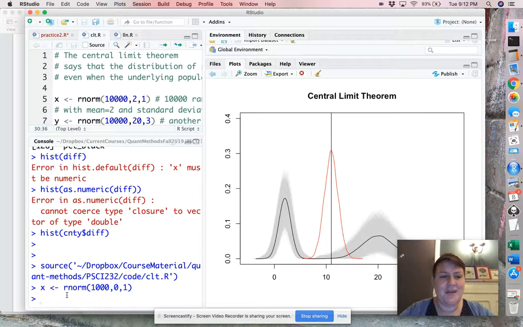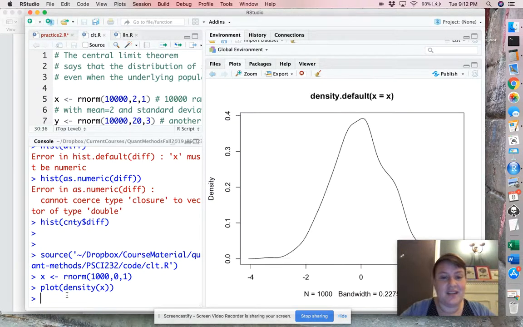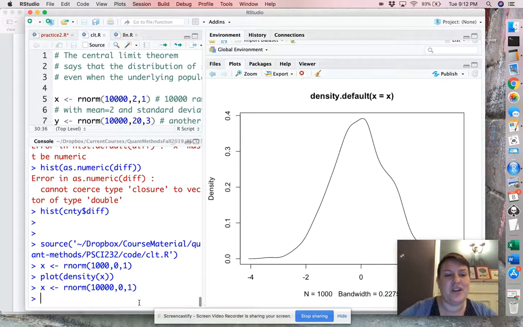And then I'm going to plot the distribution of that population. And it's going to look like that. Because it's not a huge population, it's not an extremely perfect normal curve. If it were a bigger population, it would likely have a much smoother curve.